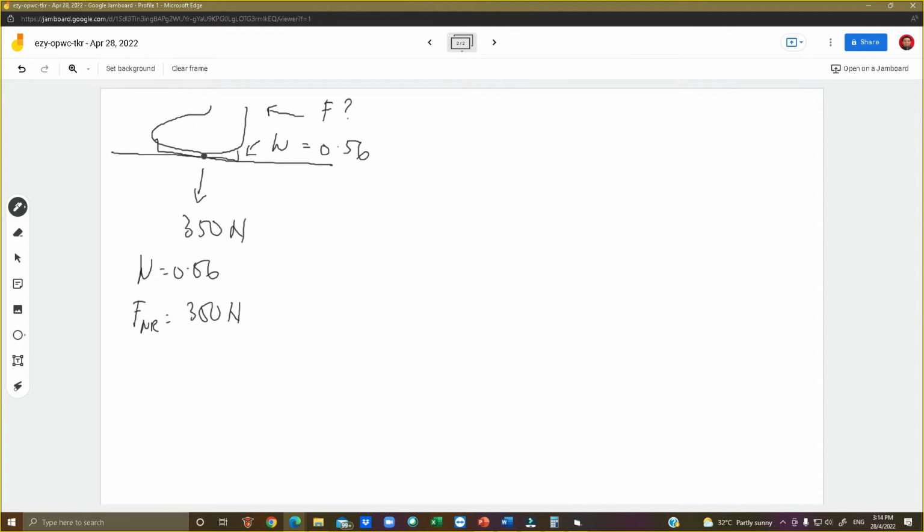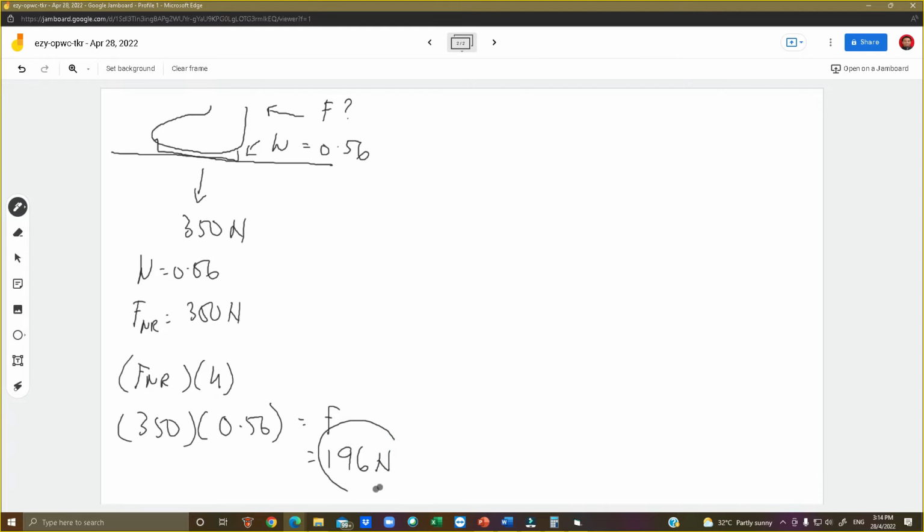So kita kena tahu dulu berapa force of friction yang ada dekat sini. So it will be normal reaction force times coefficient dulu. 350 kali dengan 0.56, barulah kita dapat 196 Newton.